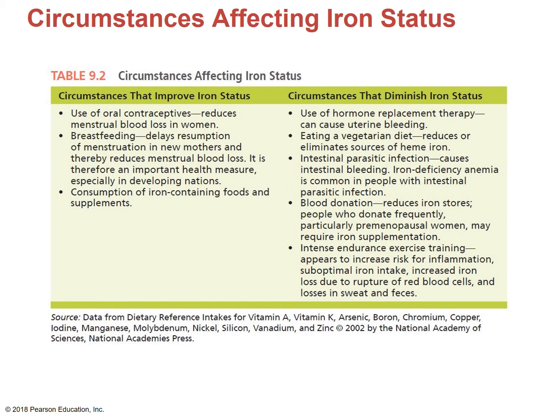The use of oral contraceptives, breastfeeding, and consumption of iron-containing foods and supplements are all circumstances that improve your iron status. Circumstances that diminish your iron status include use of hormone replacement therapy, eating a vegetarian diet, intestinal parasite infection, blood donation, and intense endurance exercise.